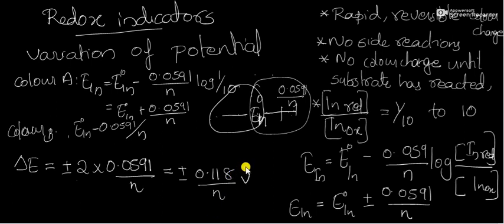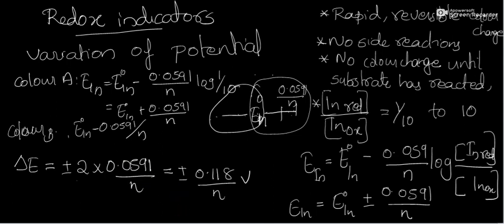In other words, for a typical indicator to undergo detectable transition in color, the titrant must cause a change of 0.118 divided by N volts in the potential of the system. For many indicators, N equal to 2. So a change in potential of 0.059 volt is sufficient to cause a detectable color change.